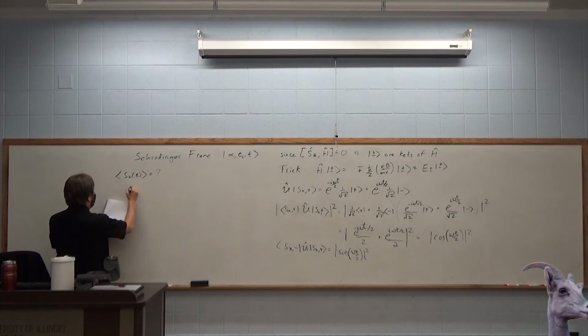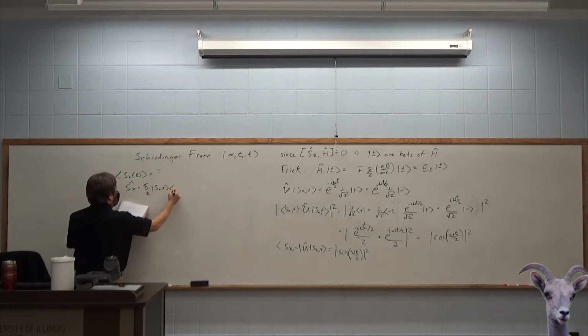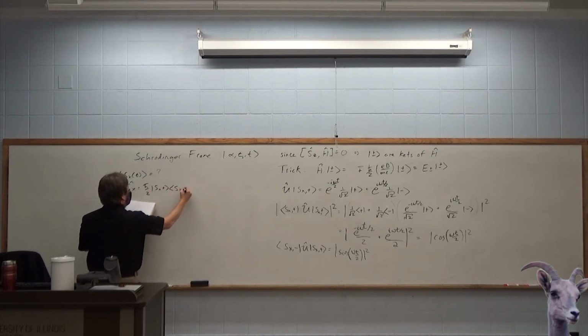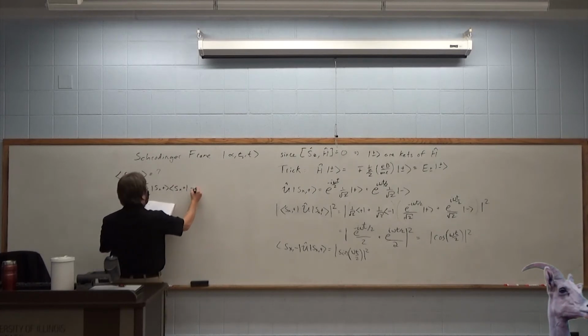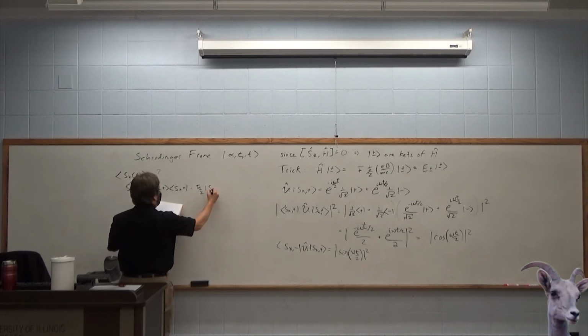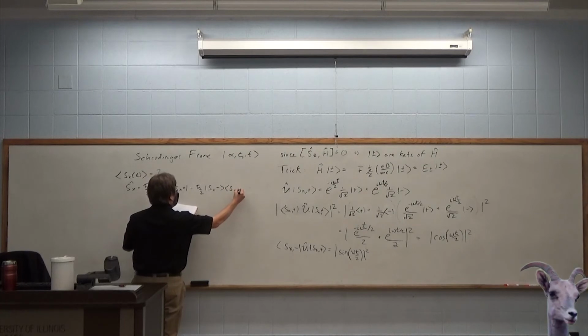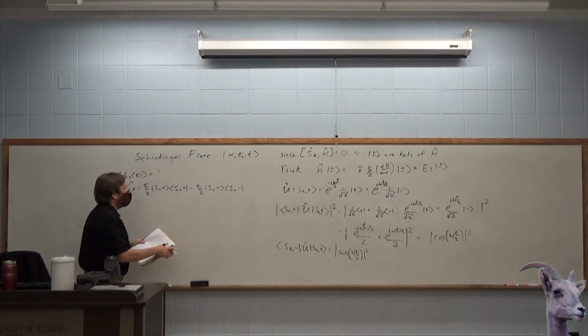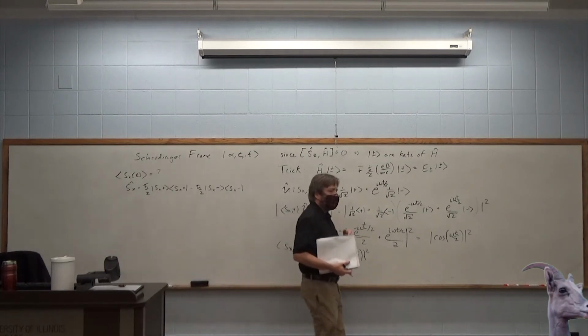So let's remind ourselves of Sx. And I'm going to use that formula that you saw a long time ago, where you expand. You have an outer product. Remember that term? This is an outer product. Outer product for operators times our eigenvalue. Sum of all states. That's an operator.